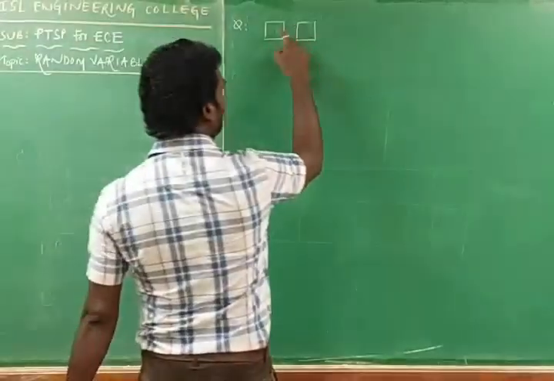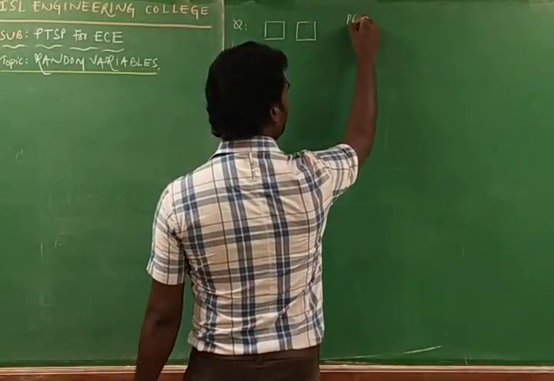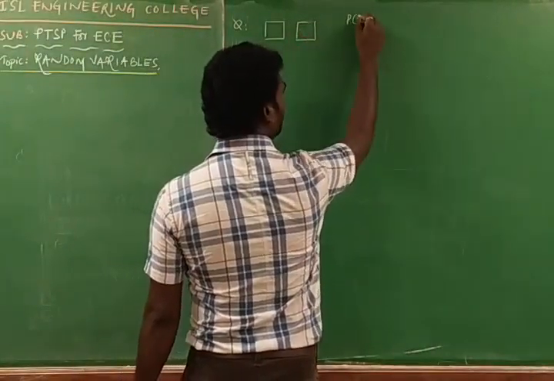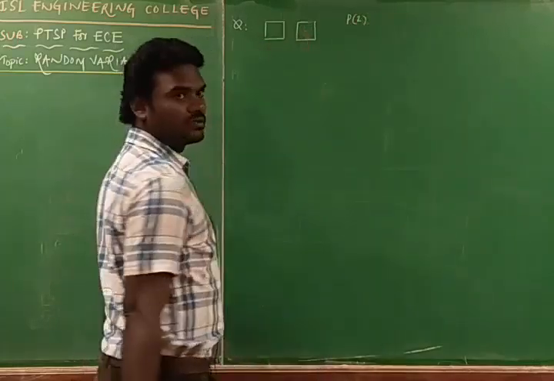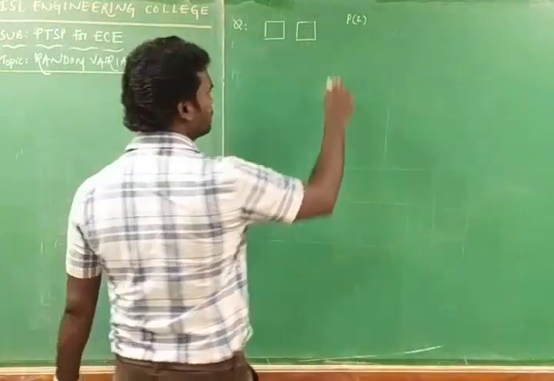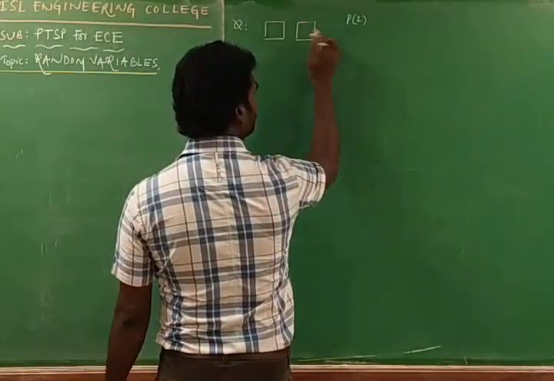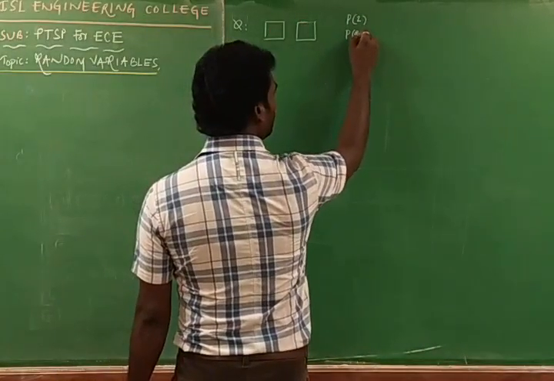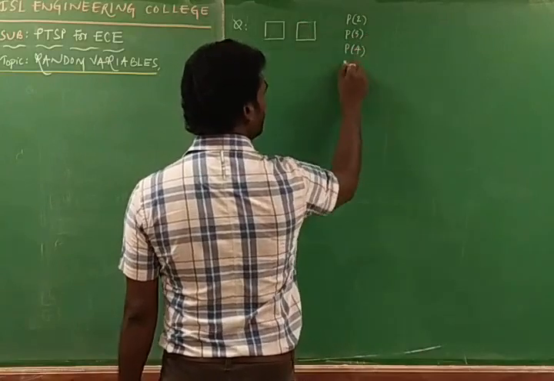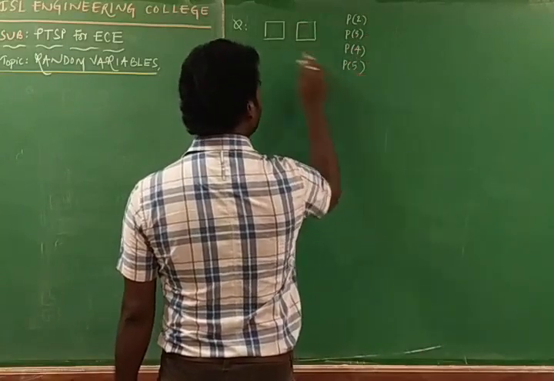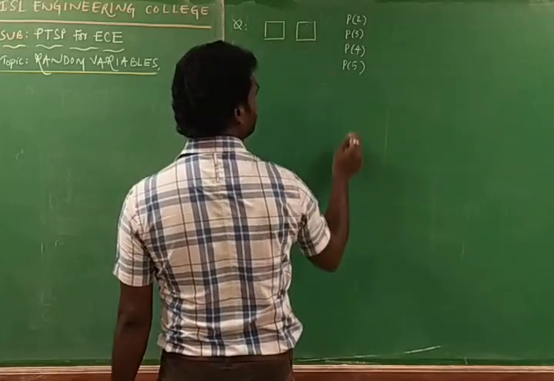If 1 1, that will be what? Probability of 1 plus 1 is 2. Probability of 1 plus 2, this may be 1 or this may be 2, that is probability of 3. And probability of 4, this is 2 and this is 2. Probability of 5, this is 2 and this is 3.